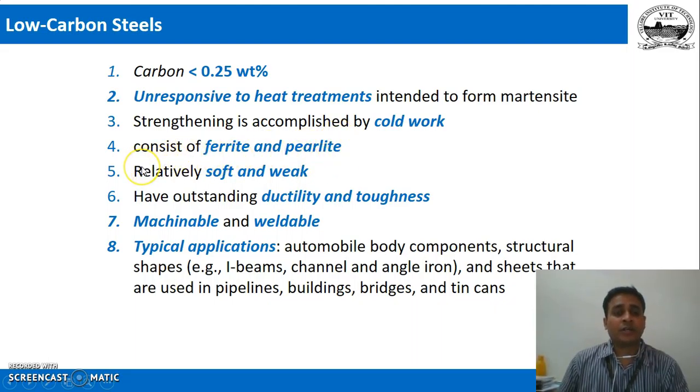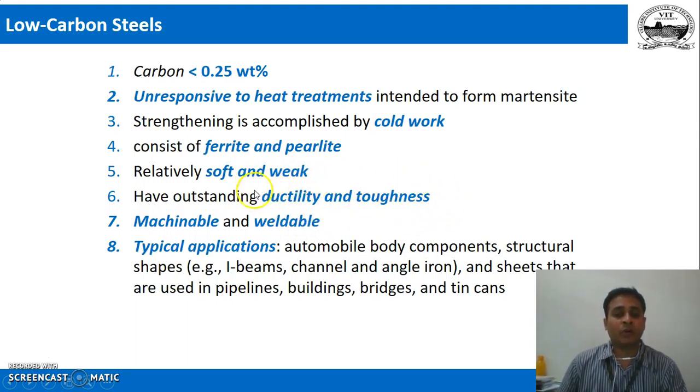Since it is very low carbon steel, it will be relatively soft in nature. Its hardness is not as good compared to the other carbon steels, but since it has low hardness, it will have high ductility.